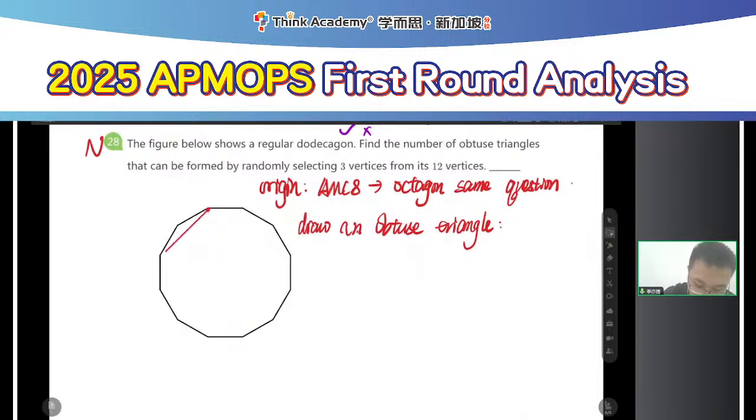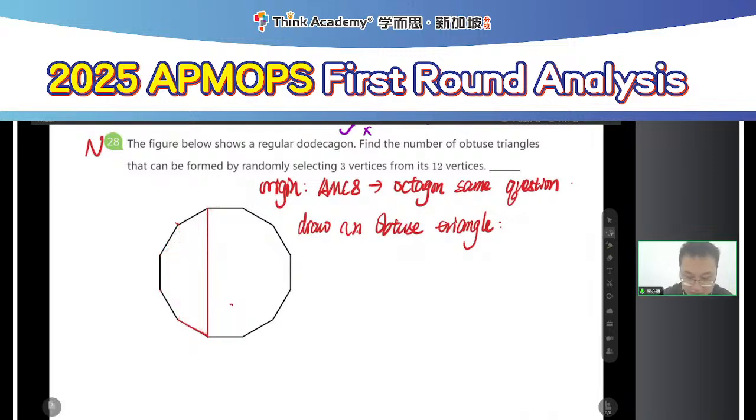And then if we draw it on this side, you should find an interesting thing. If we choose a point on this side, all the angles opposite to this side are obtuse angles. If I try another one, we can find this angle, this angle, this angle, and this angle are all obtuse angles.